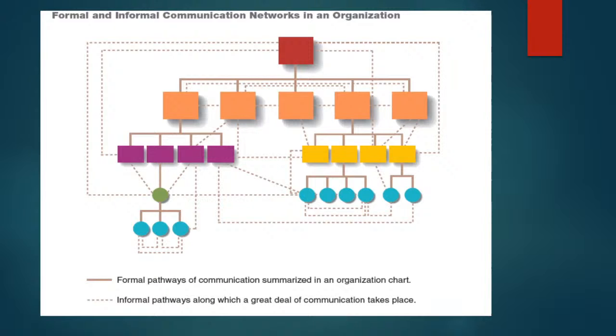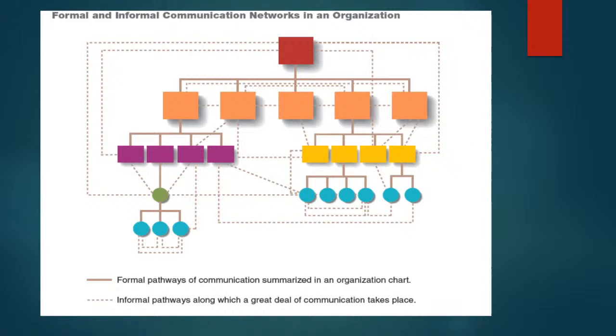And what happens in these organizations is that even the lowest level employee can directly go to the chief executive and the top level management in order to convey particular information. That is not the case with formal communication, as happens in most government sector organizations. If a lower level employee wants to give an application to the higher level, how will this information flow?